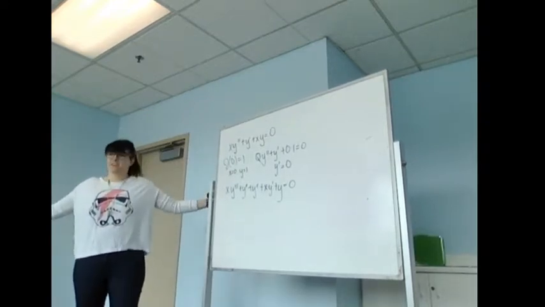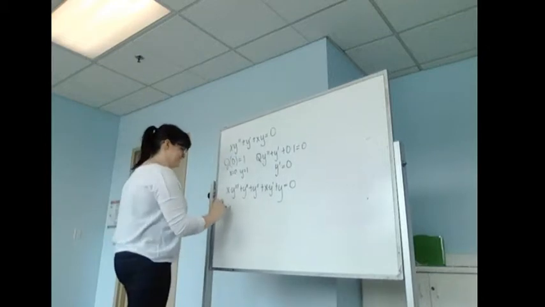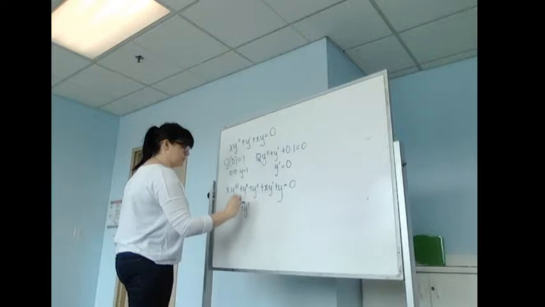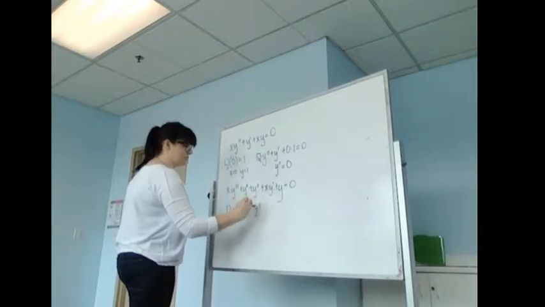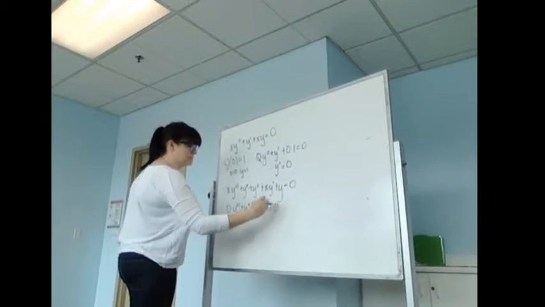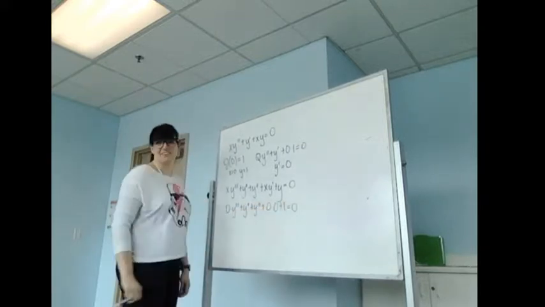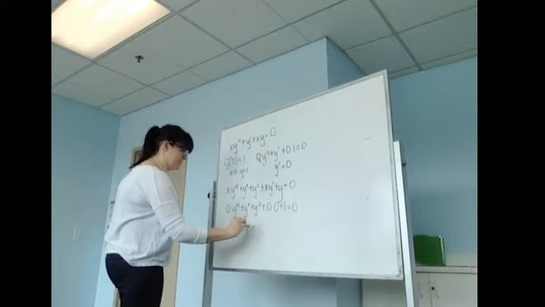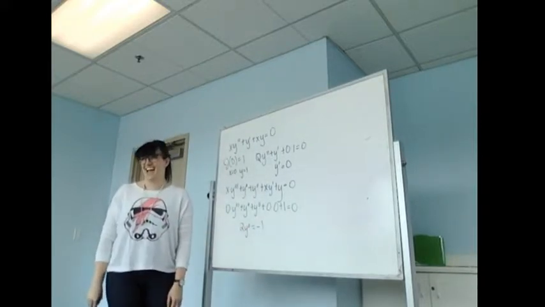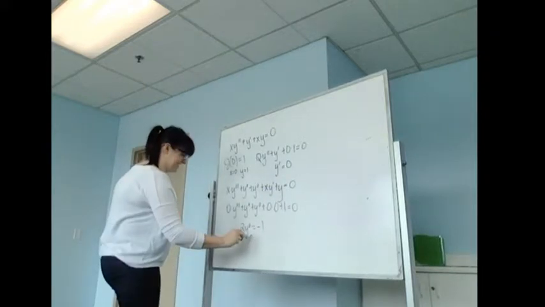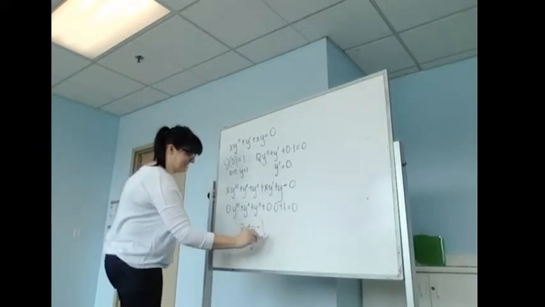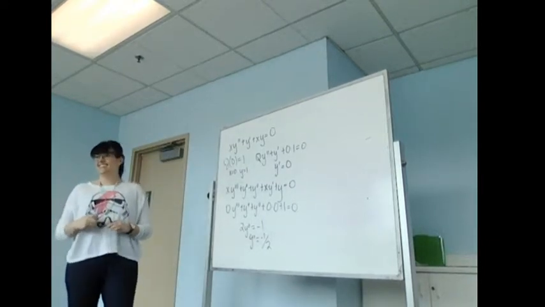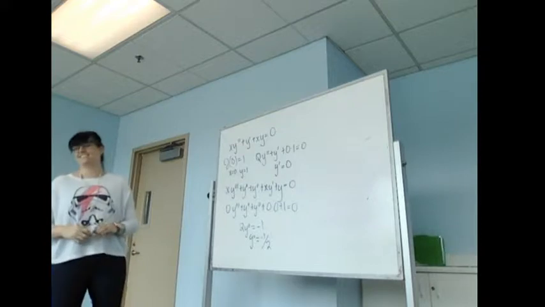And then let's plug in everything we know: 0 times y triple prime plus y double prime plus y double prime plus 0 times 0 plus 1 equals 0. 2y double prime equals negative 1. y double prime equals negative 1 half. So much easier than I was thinking.